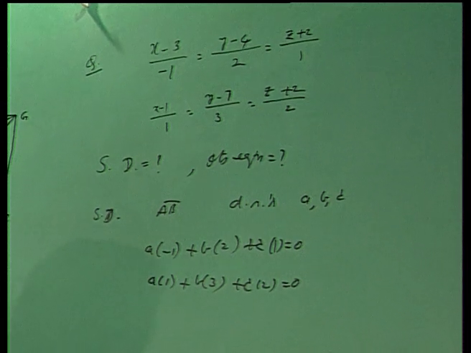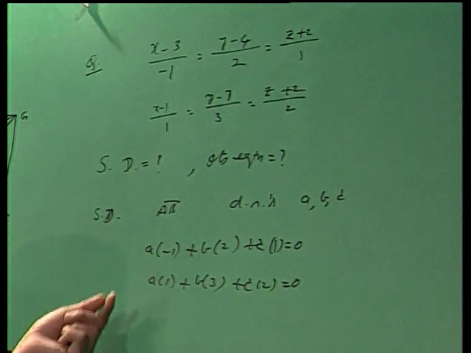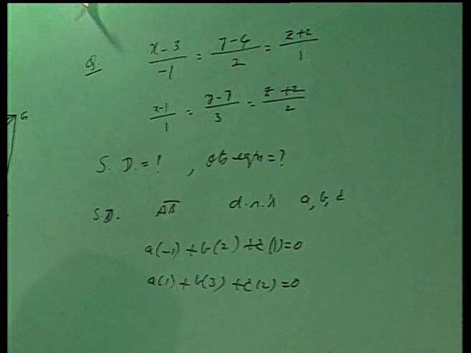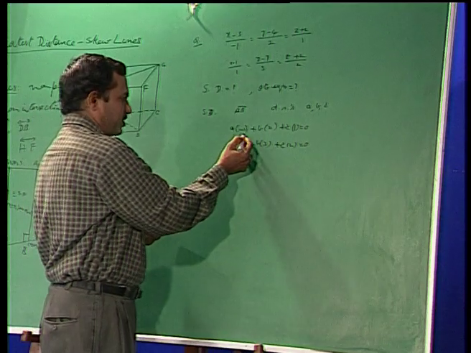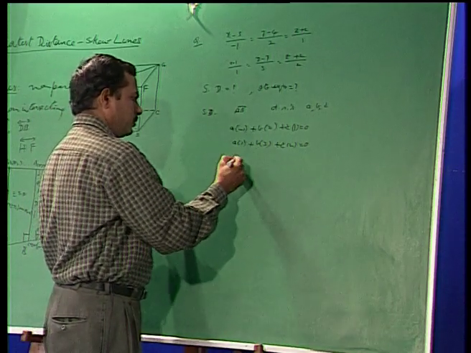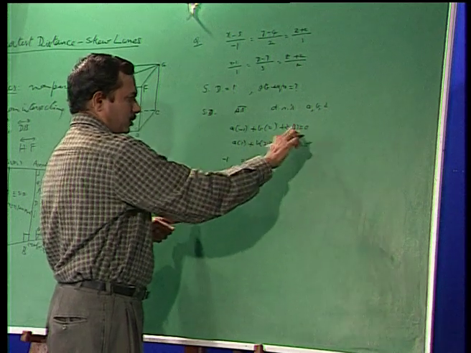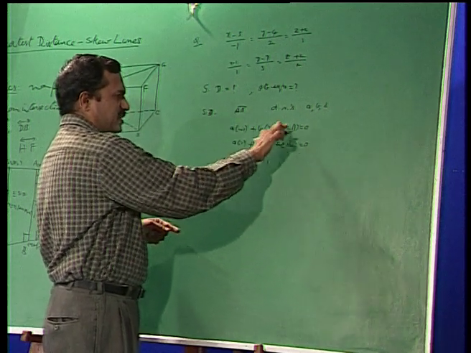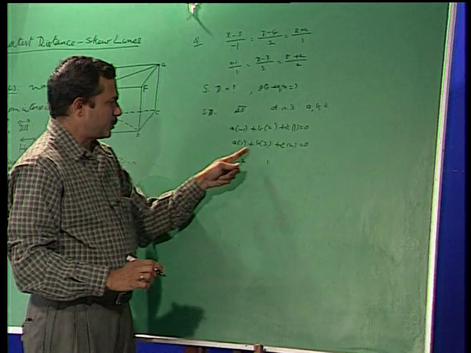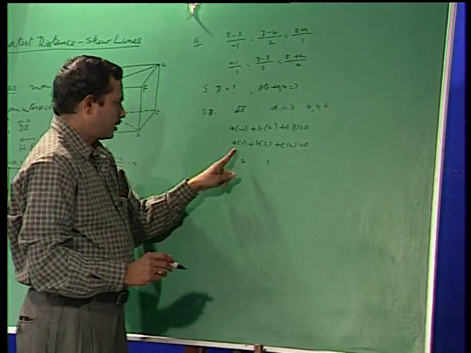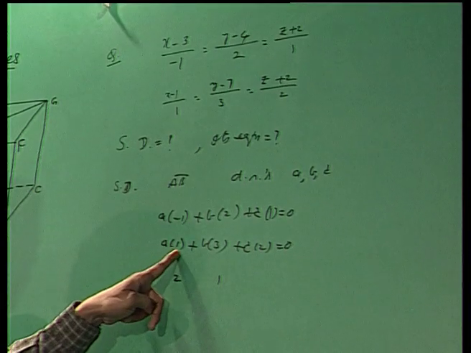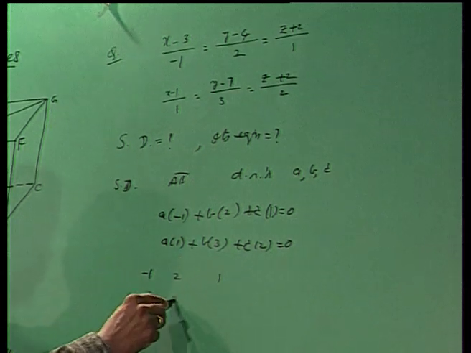Let us obtain the values of a, b, c by the cross multiplication method. Let us look at the coefficients. These are minus 1, 2, 1, and these are the coefficients of a, b, c. We have to maintain the same order in the second equation also, and here the corresponding coefficients are 1, 3 and 2.